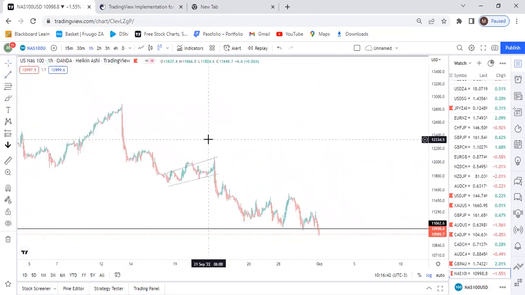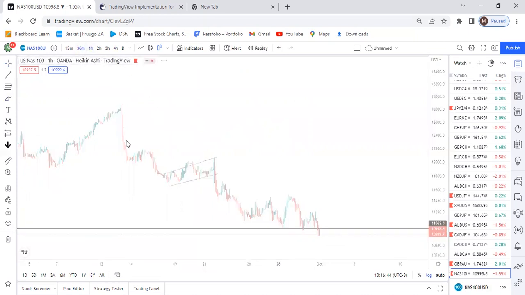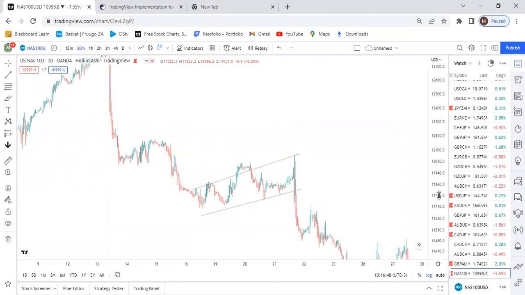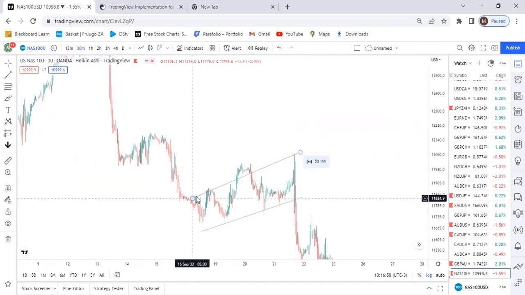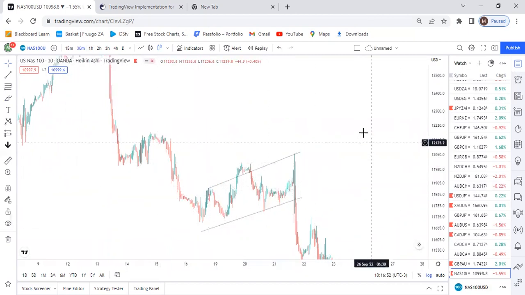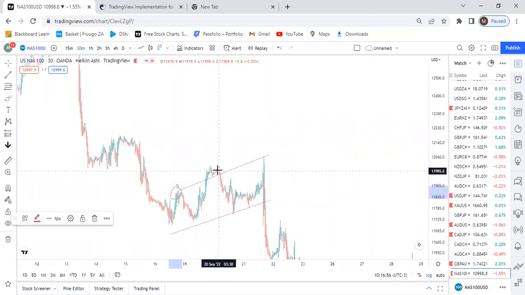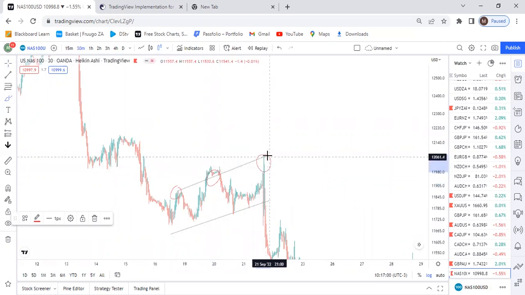The thing about these corrections is they always move almost the same way. They form a series of three touches. The third touch has the highest probability, so you must always look out for the third touch.